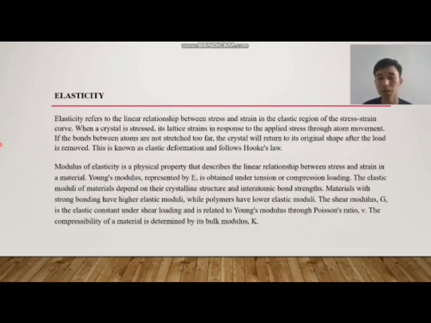Materials with strong bonding have higher elastic moduli, while polymers have lower elastic moduli. The shear modulus G is the elastic constant under shear loading and is related to Young's modulus through Poisson's ratio v. The compressibility of a material is determined by its bulk modulus K.